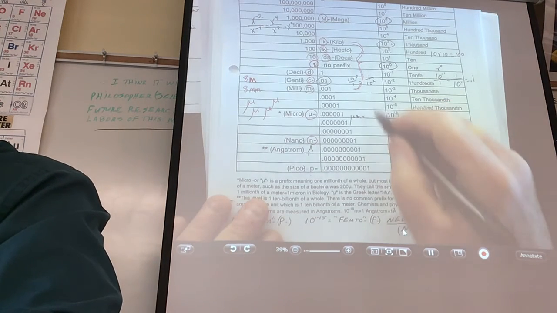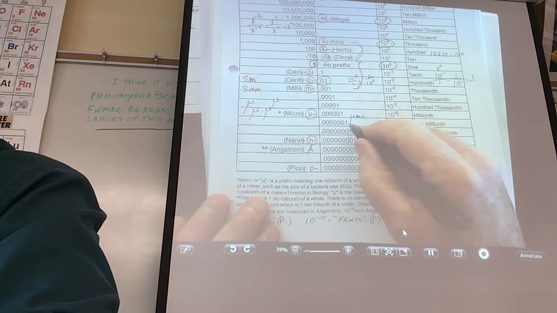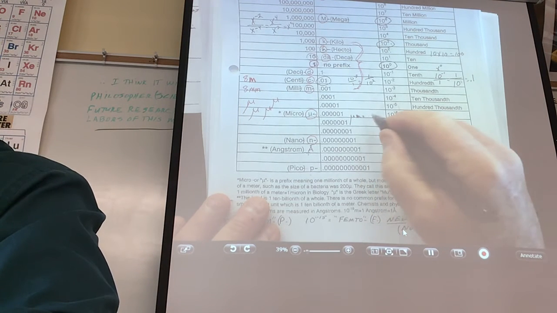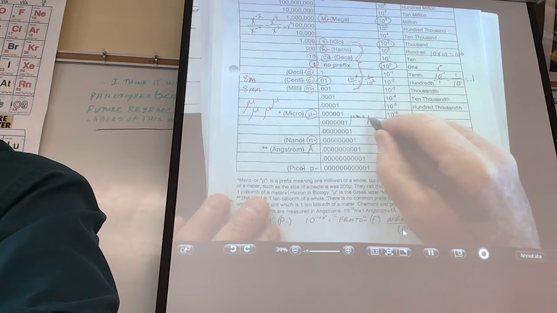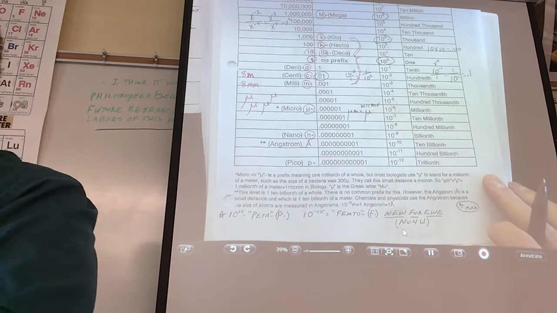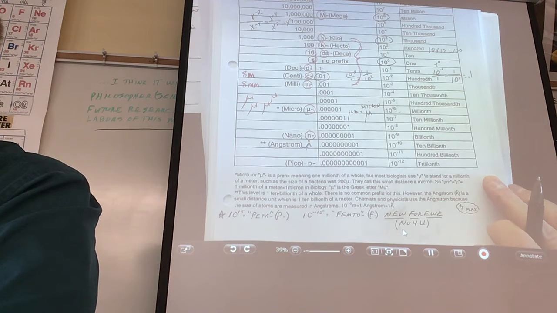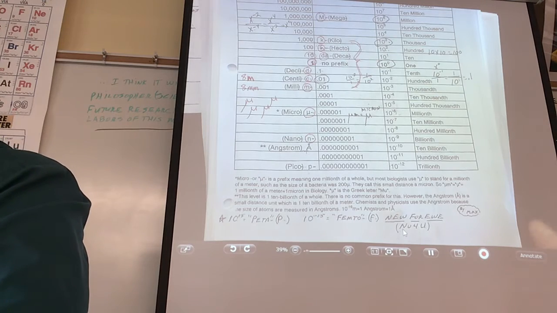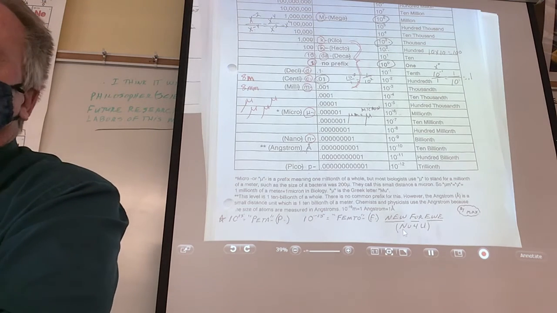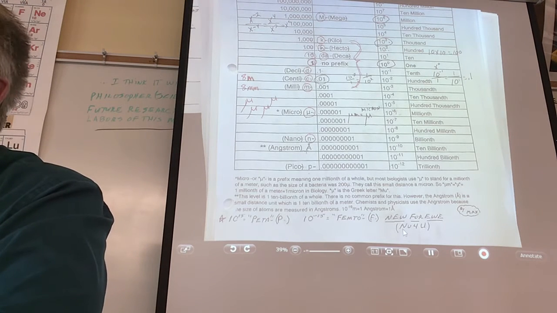Well, I wasn't around, but the biologists did something kind of funny. They made the micrometer, they turned it into something new called the micron. Now, if you've ever seen any kind of science show, and they use the word micron, micron means the same as a micrometer. Now, I don't think they had to do that, but maybe people got tired of saying micrometer, right? And micron sounds pretty cool, doesn't it?